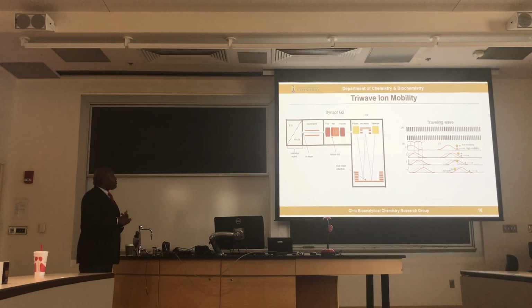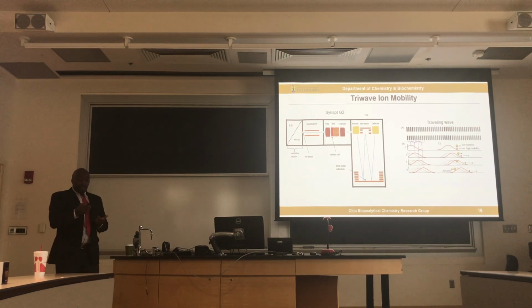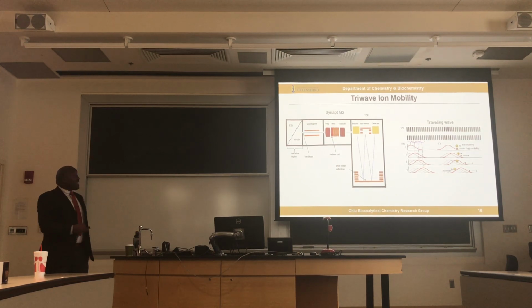And then after the quadrupole, you go to what they call the TriWave cells. These TriWave cells include the trap, the IMS, and then the transfer. So you can do your CID in the trap region, and then you can do separation of your ions in the IMS region. And then you can do further fragmentation in the transfer cell.